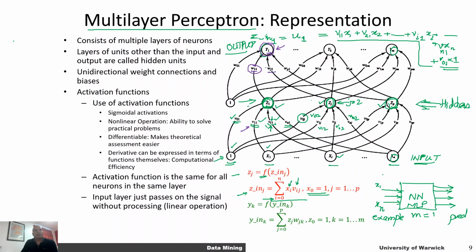Similarly, this is the weight that connects the jth neuron in the hidden layer to the first neuron in the output layer, and this is the weight over here that connects the pth neuron in the hidden layer to the first neuron in the output layer. And then this neuron pretty much does the same thing as the previous neurons that we talked about.